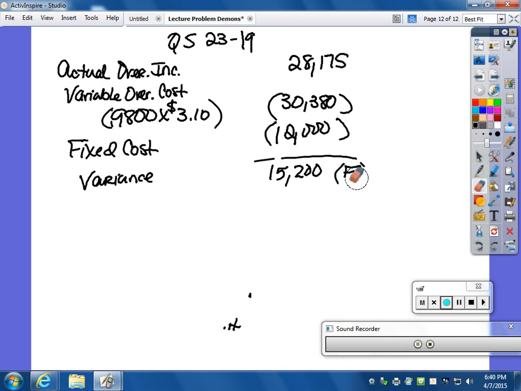What do you come out with? Go ahead, pull up this calculator again. 14,205. Favorable or unfavorable? Favorable. It's less than actual.